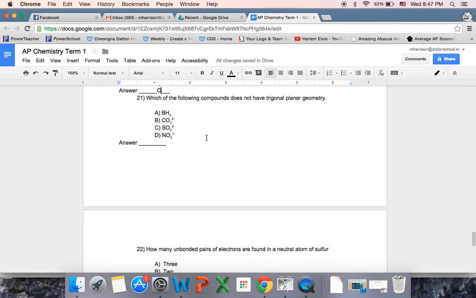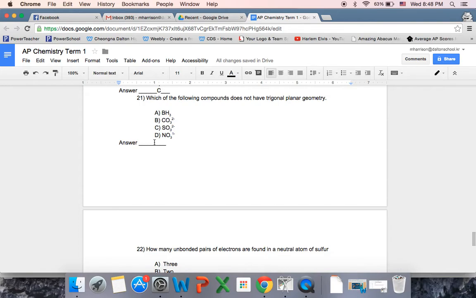Which of the following compounds does not have trigonal planar geometry? Okay, so for this we need to draw our Lewis structures, and we're going to find out that the correct answer is C. Doing this is a case of adding up all the electrons, working out how many lone pairs you're going to have.